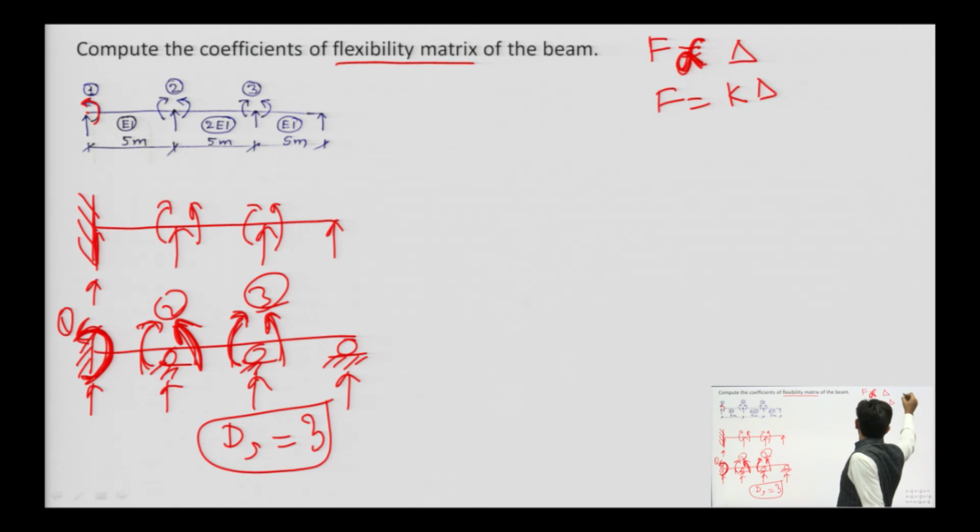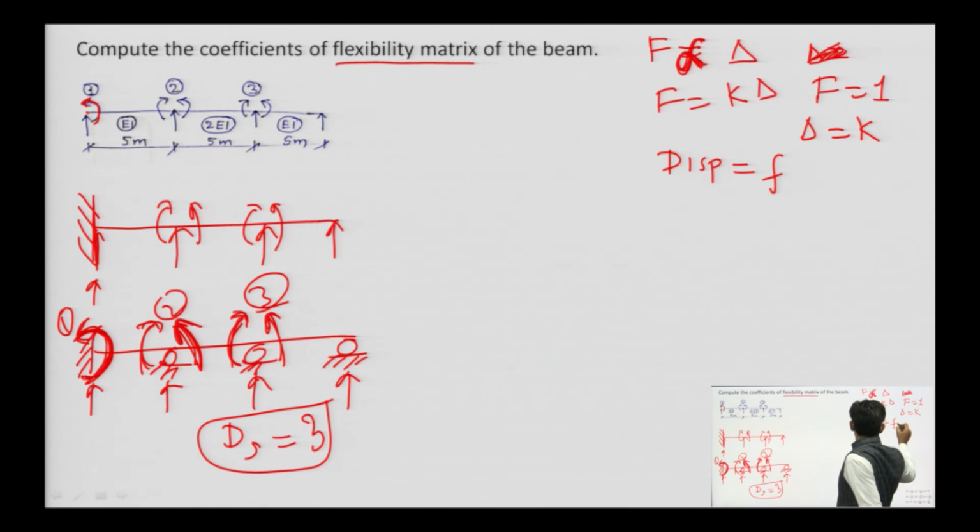Now if F is equal to 1, then the displacement delta is equal to k. The displacement is equal to this k. It is flexibility.